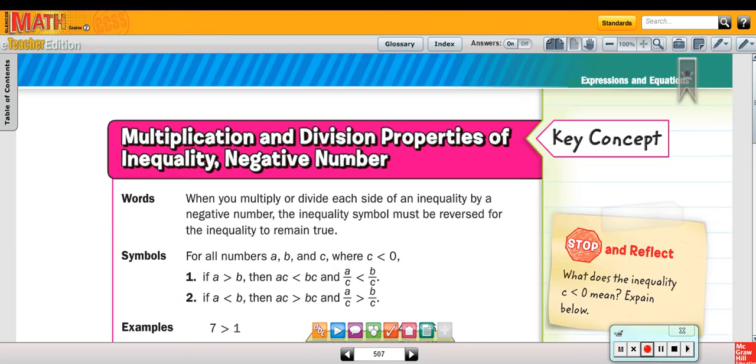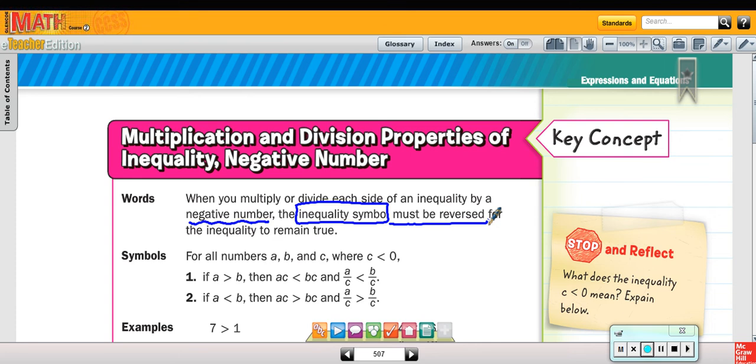When we have a negative number, here in our key concept box, it talks about this. When we multiply or divide each side of an inequality by a negative number, the inequality symbol must be reversed for the inequality to remain true.